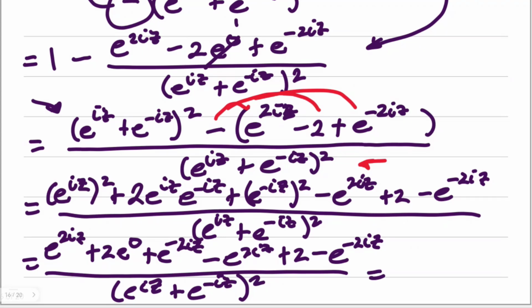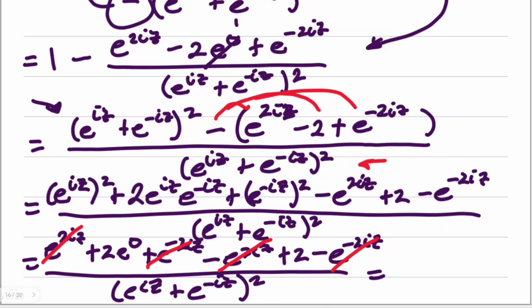Hopefully this is clear now at this point, because you will have positive 2iz and negative 2iz, so that is equal to 0. Similarly here, plus e to the power of negative 2iz and minus the same term, so that's actually 0 as well.